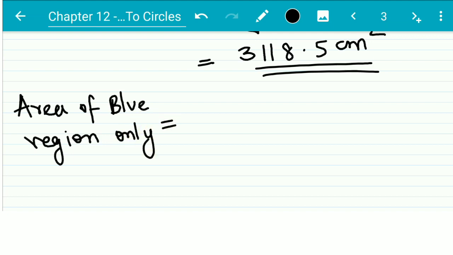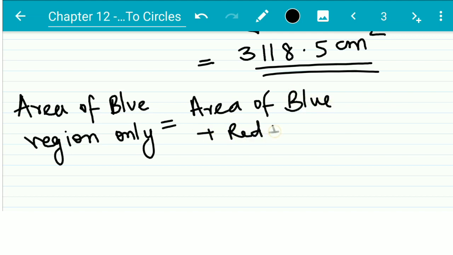Area of the blue including red and gold minus area of red and gold. We need to minus red and gold from here.